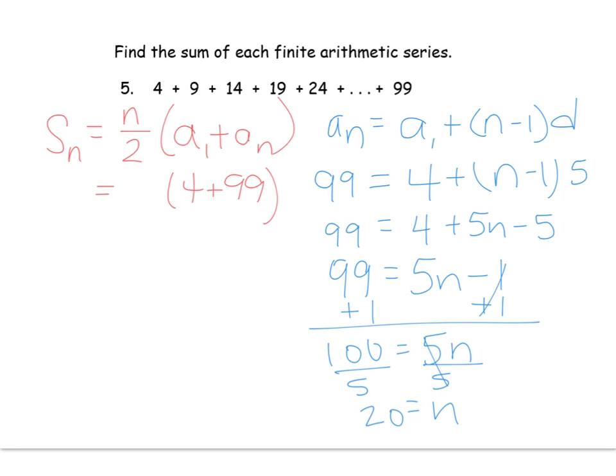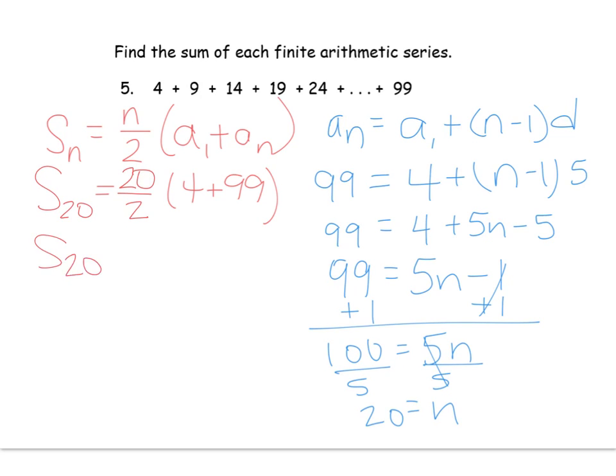I distributed the 5 back, and I got 5n minus 5. Brought the 5n down, 4 minus 5 gave me negative 1. Adding 1 to both sides, I get 100 is equal to 5n. Then dividing both sides by 5, I get n is equal to 20. So now I know 20 is the number of terms that I am finding the sum of.